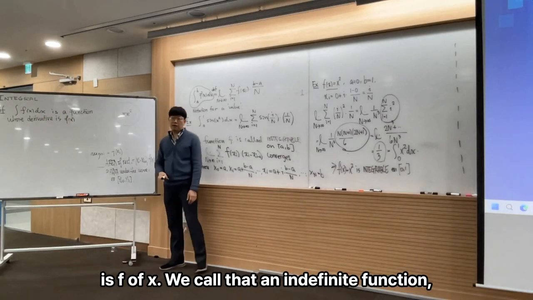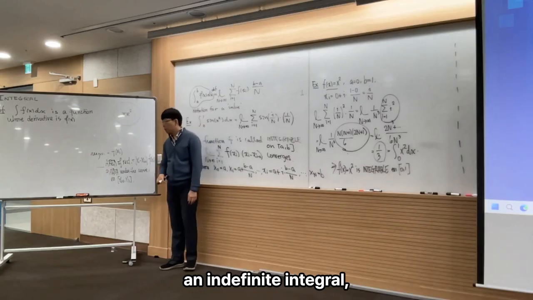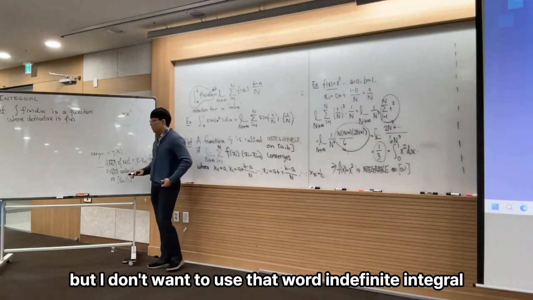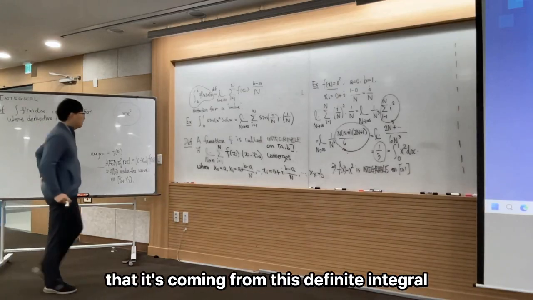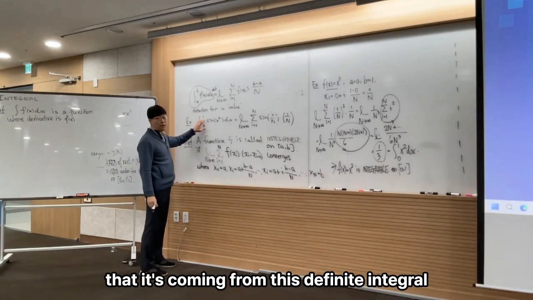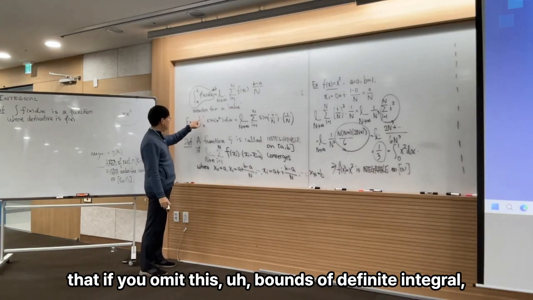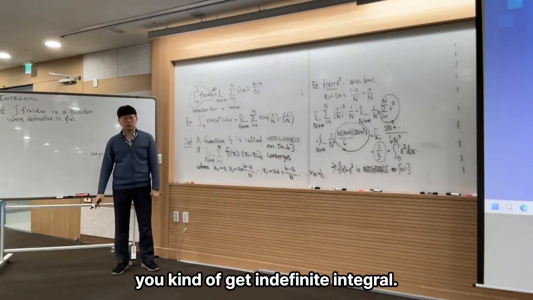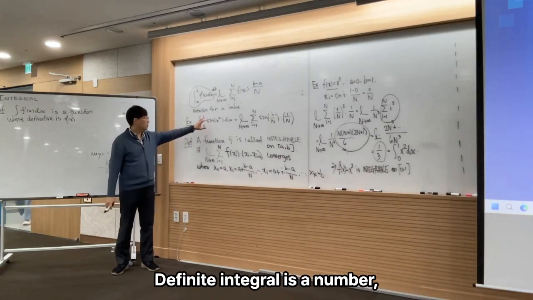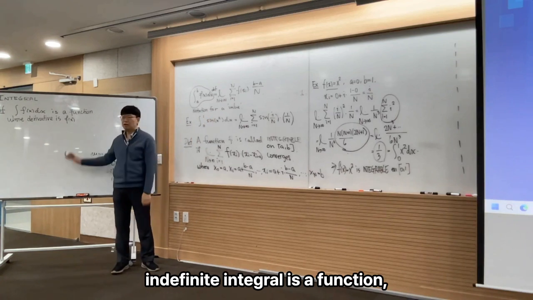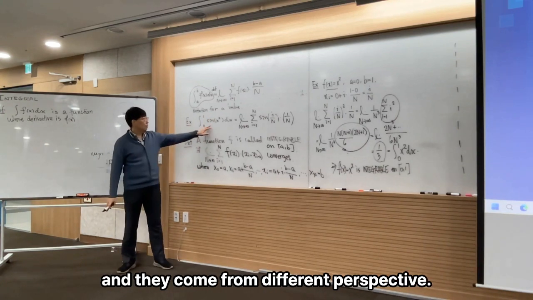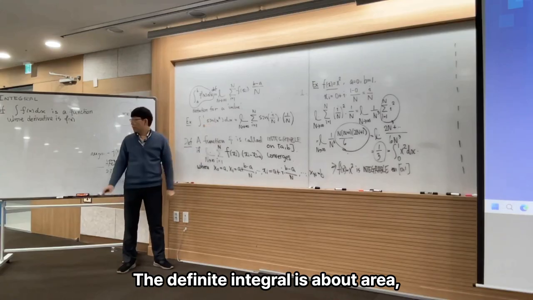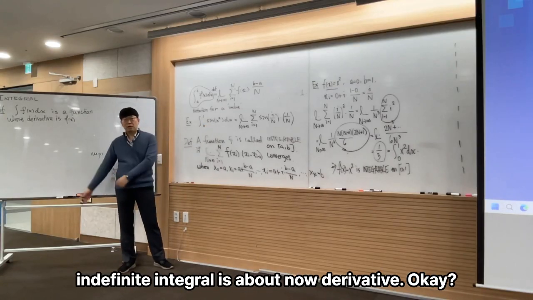We call that an indefinite integral, but I don't want to use that word because it's misleading, as if it comes from the definite integral by omitting the bounds. But that's not the case. A definite integral is a number. An indefinite integral is a function, and they come from different perspectives. The definite integral is about area. The indefinite integral is about the derivative.